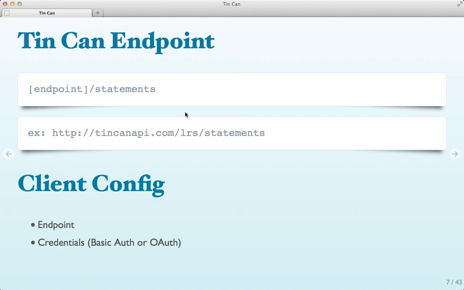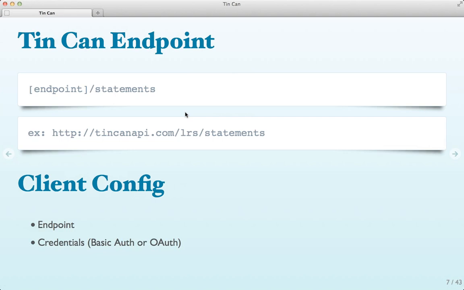So, given those different sub APIs or resource groups, how do you actually use the API? You start with a configuration that includes an endpoint, which is everything prior to that resource group or sub API. And you put on, for example, statements at the end if you want to deal with statements.